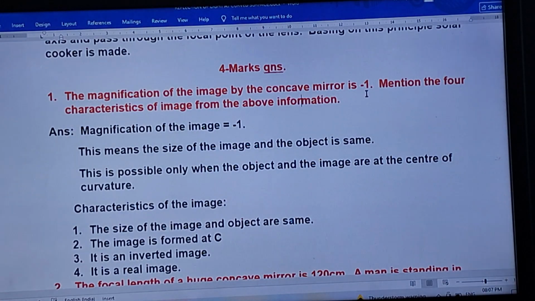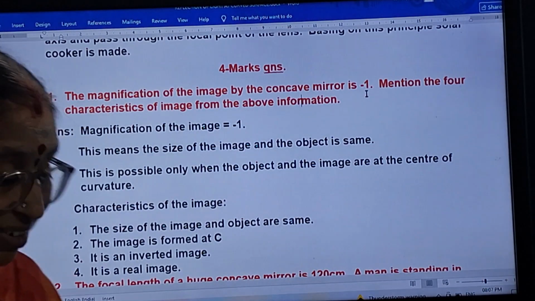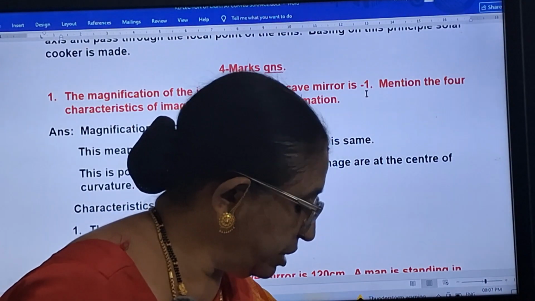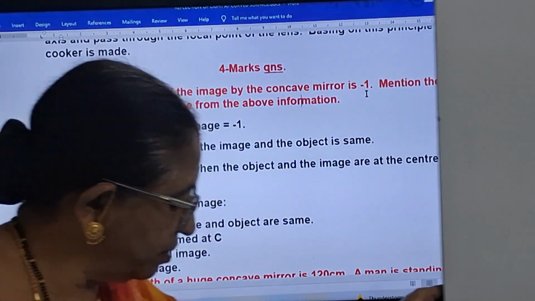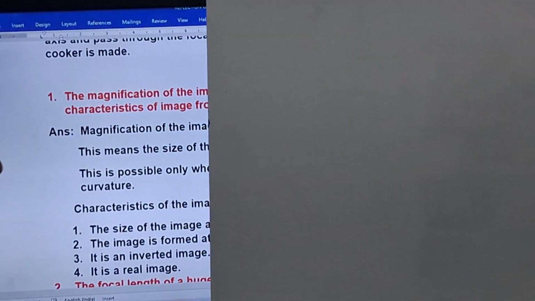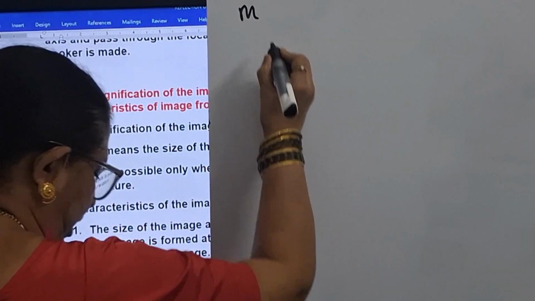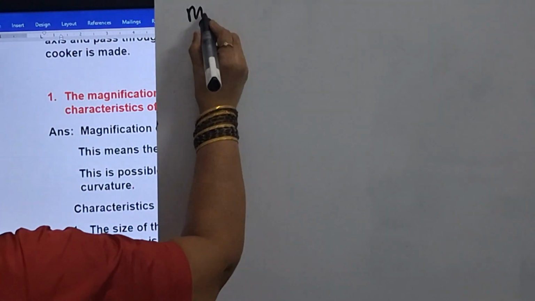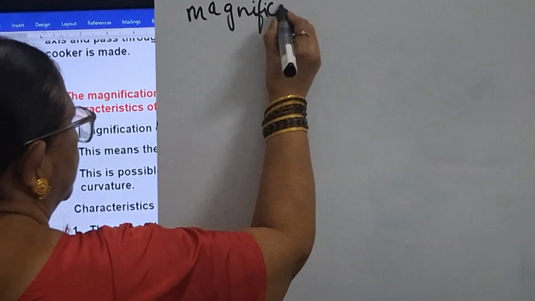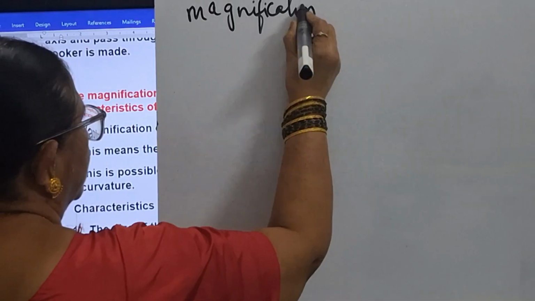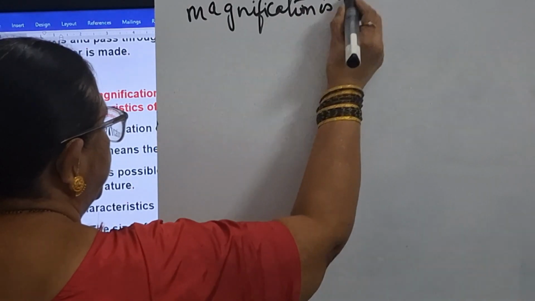Magnification is 1 means the object size and image size will be one and the same. So magnification is 1 means what?